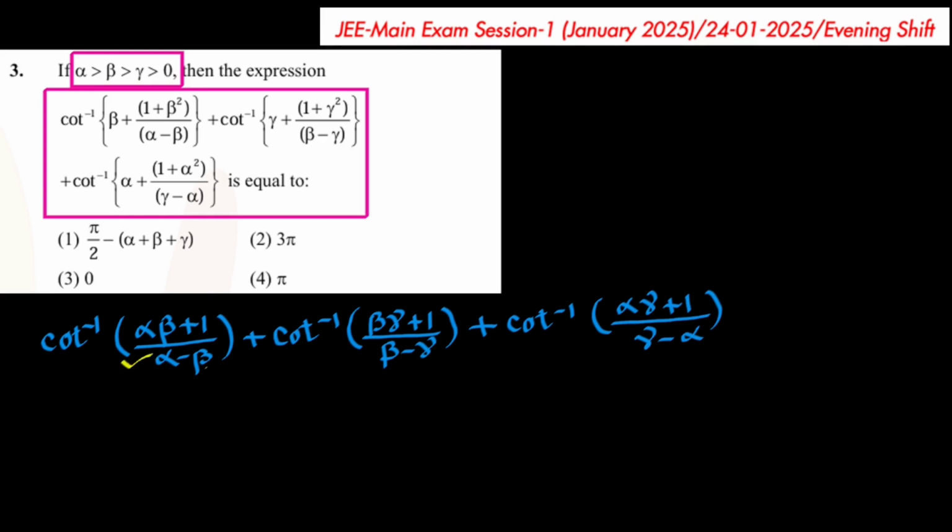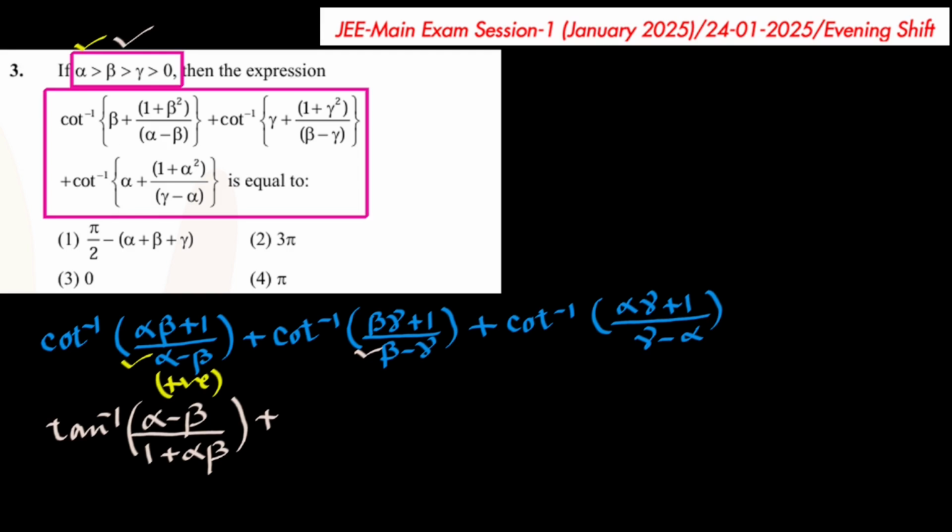Here alpha minus beta is positive because alpha is greater than beta. So we can write this as tan inverse of (alpha minus beta) upon (1 plus alpha beta), plus, in the second case also, beta minus gamma is positive because beta is greater than gamma.